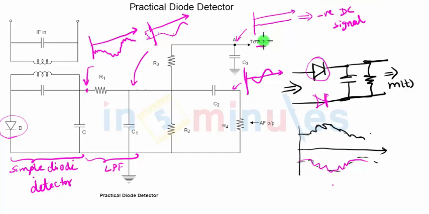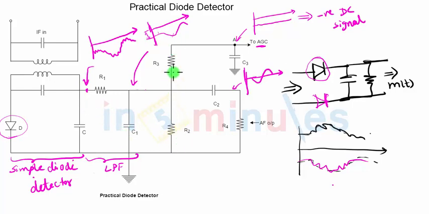So that's our practical diode detector. To summarize everything, we have a simple diode detector in the form of a diode and capacitor, and the output is the negative envelope with high frequency ripples. The high frequency ripples are removed using the low pass filter made up of R1 and C1. C2 will block the DC signal and give you a pure AC modulating signal, which is also very smooth because of the low pass filter formed by R1 and C1.